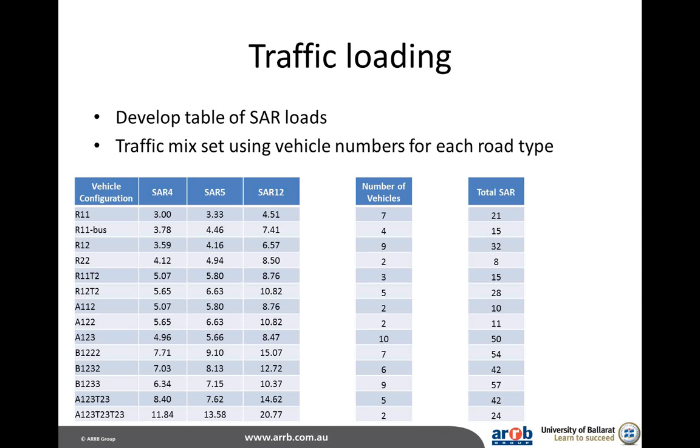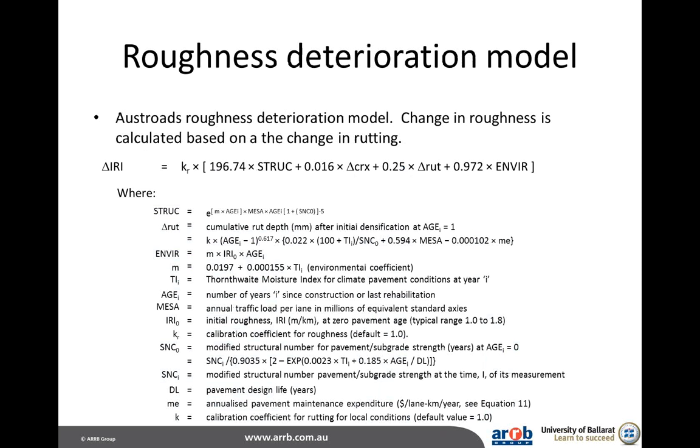Next we move to our deterioration model. The core of FAMLIT's deterioration model is the roughness deterioration model, which is an Austroads model. I don't want to spend any deep time looking at this or go into any detail except to show you that it's there.